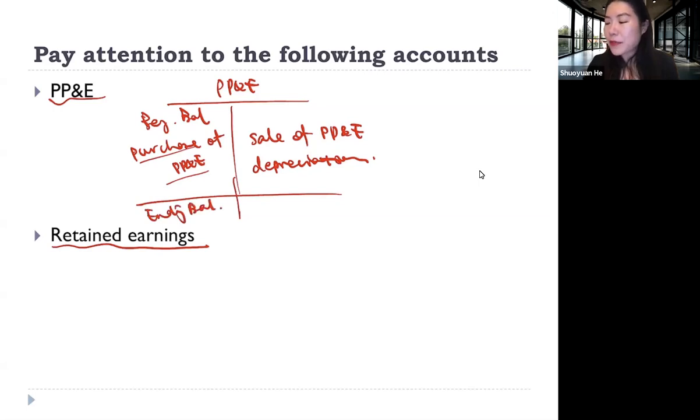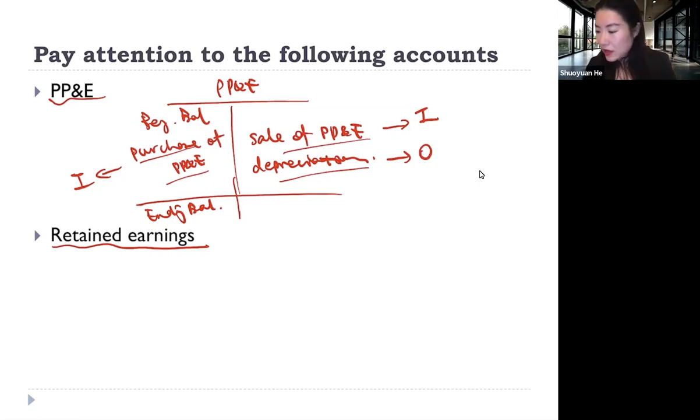For the purchase of PP&E and the sale of PP&E, both of those are investing related activities. However, depreciation is deducted from the net income, so we need to back it out. So that's this amount, we need to back it out in the operating activity section.